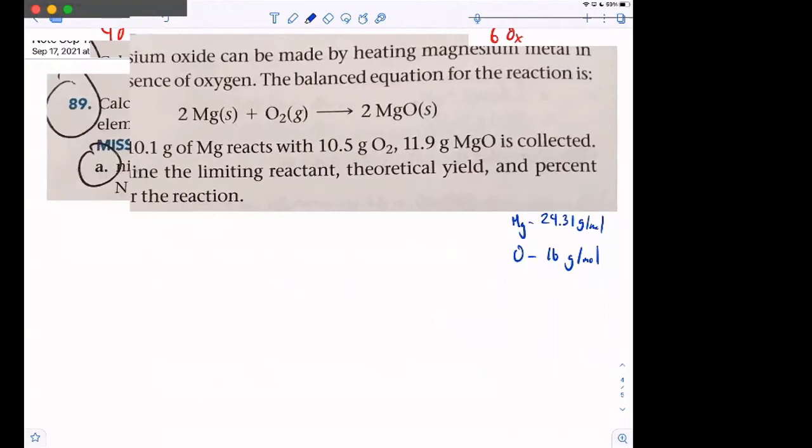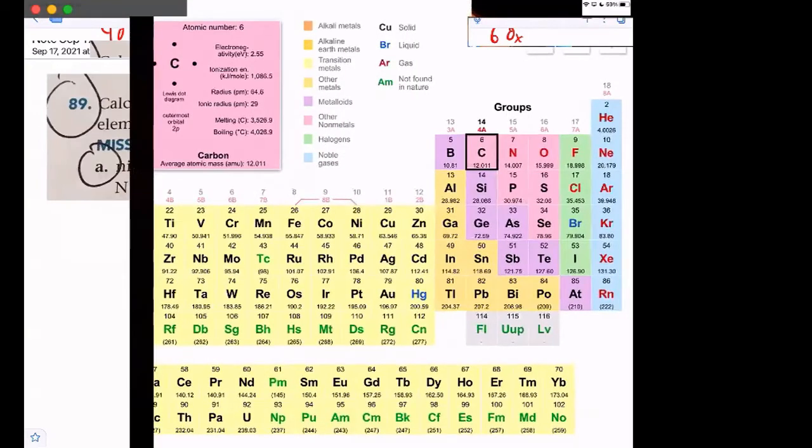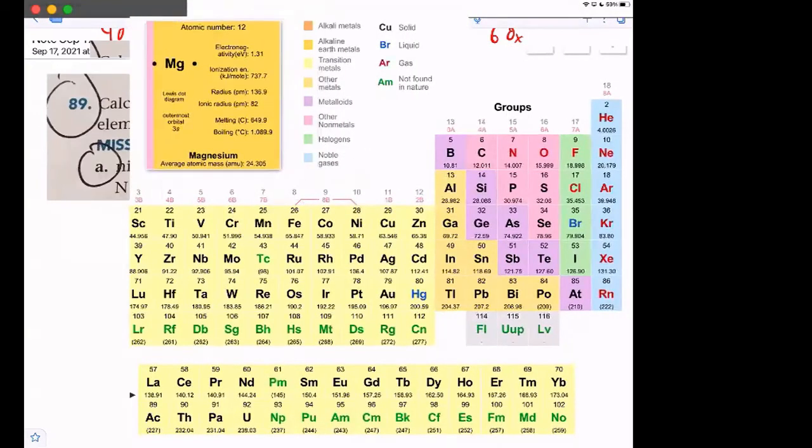A couple things. Magnesium from the periodic table is 24.31 and oxygen is 16. Those numbers I'm just getting from the bottom of the periodic table. So magnesium is element number 12 with an atomic weight of 24.31 grams.